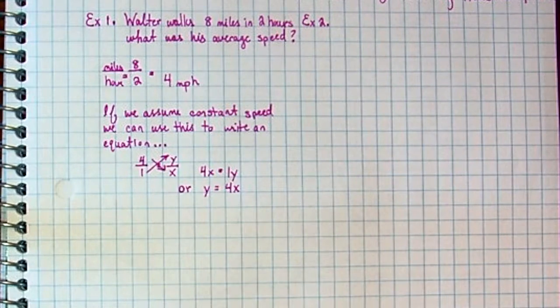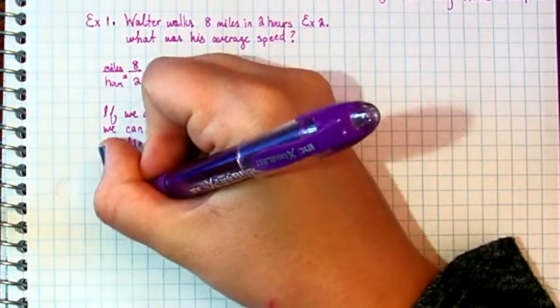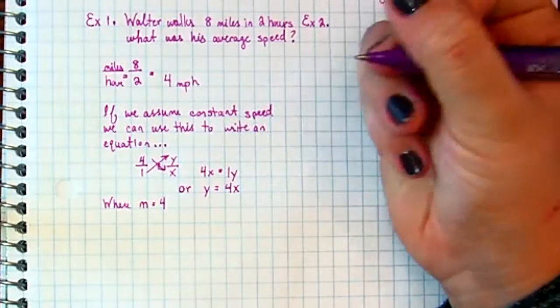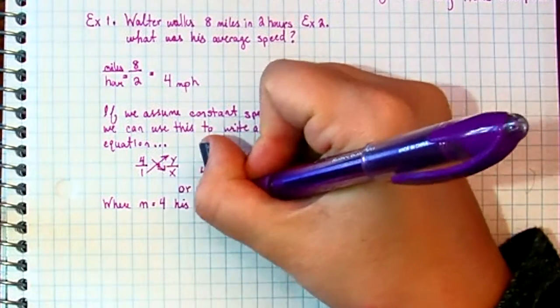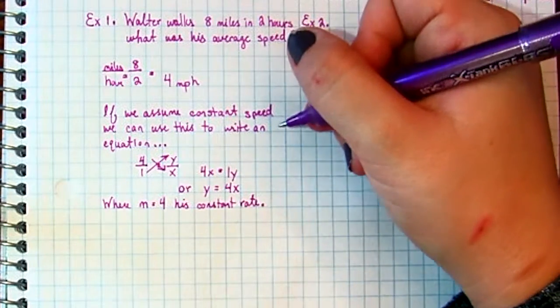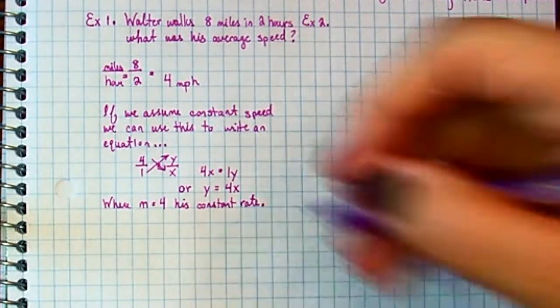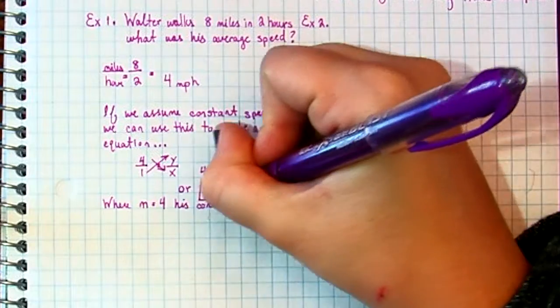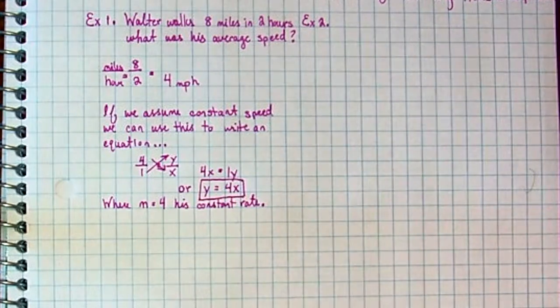And that's helpful because now we can solve the distance that Walter travels for any given time. So by incorporating his constant rate as our slope, we can really determine how far he traveled no matter how much time he spends walking.